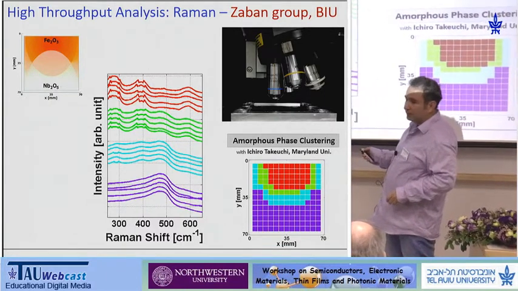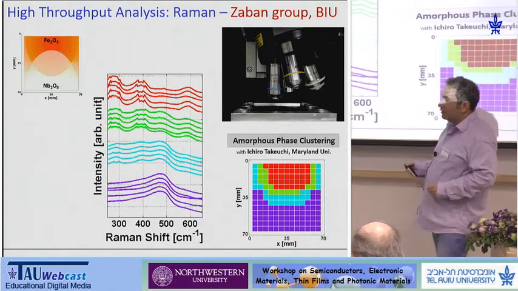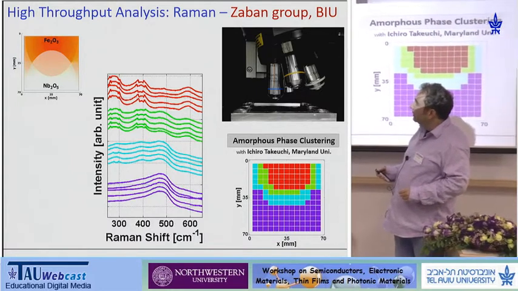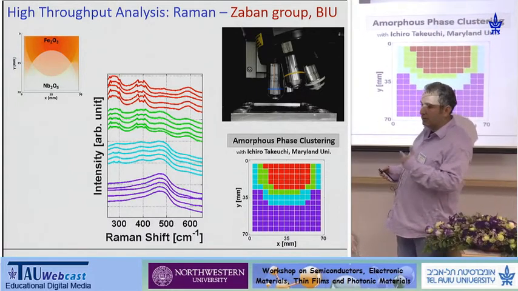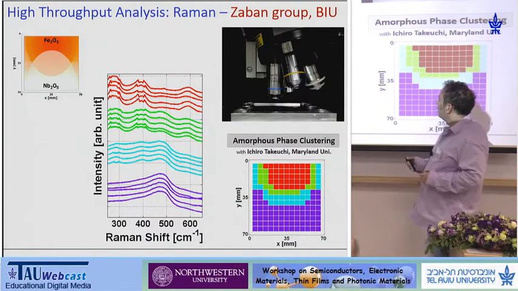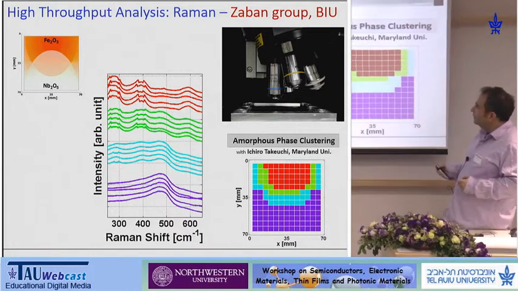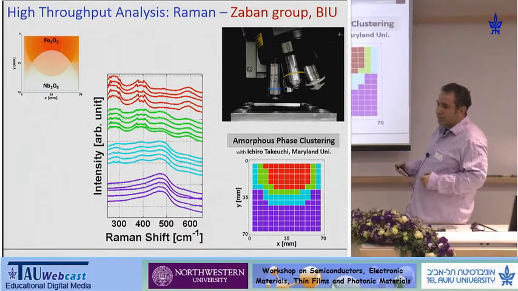In the middle, you have a gradient of compositions. Depending on growing conditions and annealing, you could hope that some crystalline structure might form in the middle. Then they do many types of robotic characterization, and one of them is Raman.